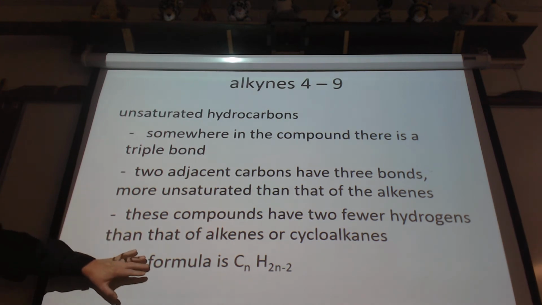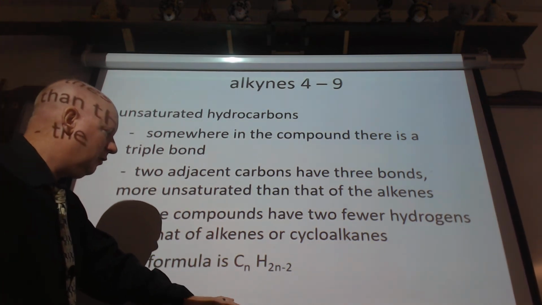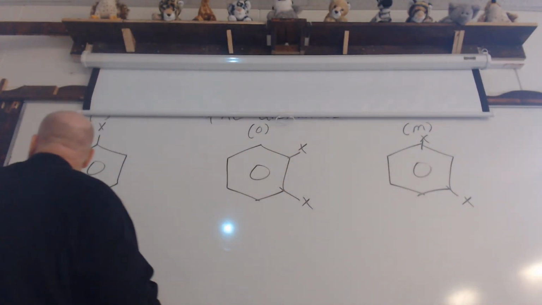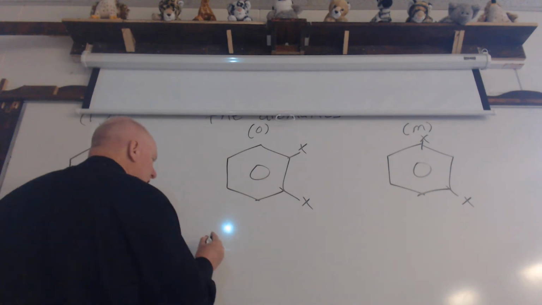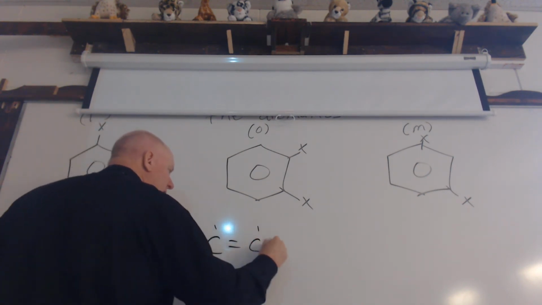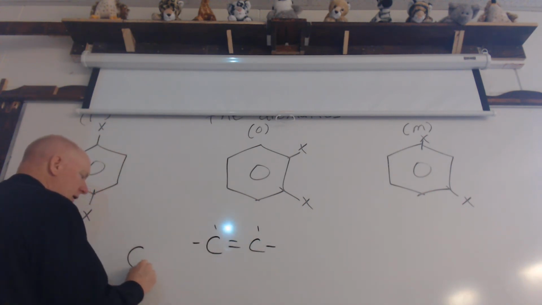So there's our formula. Remember, when we're saying CnH2n minus 2, okay, I should have left that up here. So when we're dealing with an alkene, it's whatever you're putting in for your number of carbons, N, H, 2N.